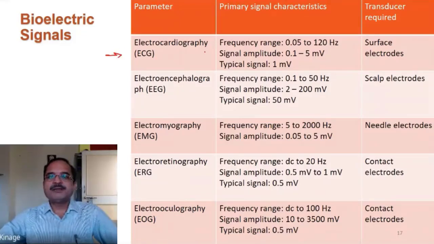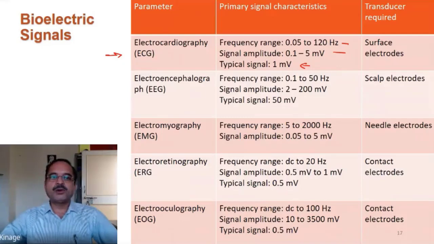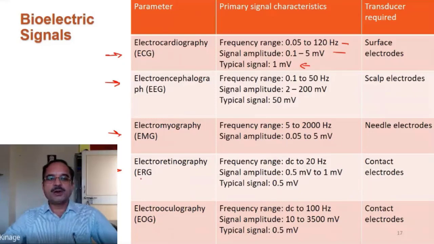ECG, the frequency range 0.05 to 120 hertz, signal 0.1 to 5 millivolt, typical value is 1 millivolt, used with the help of surface electrodes. Then EEG, EMG, the corresponding frequency, signal amplitude. ERG, this is electroretinography. Then EOG, this is electrooculography, measured with the help of electrodes.